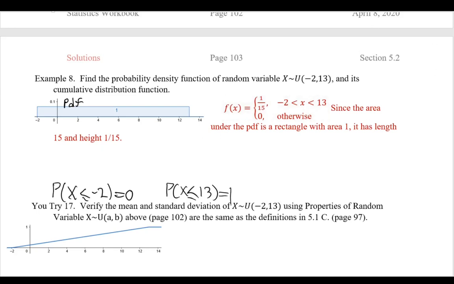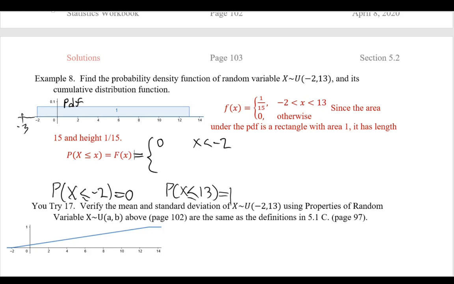So by definition, the cumulative distribution function is the probability that x is going to be less than little x. We can break this down into 3 different cases. How about when x is less than -2? Well, the area to the left of -2 is 0, and also for any value that's less than it.